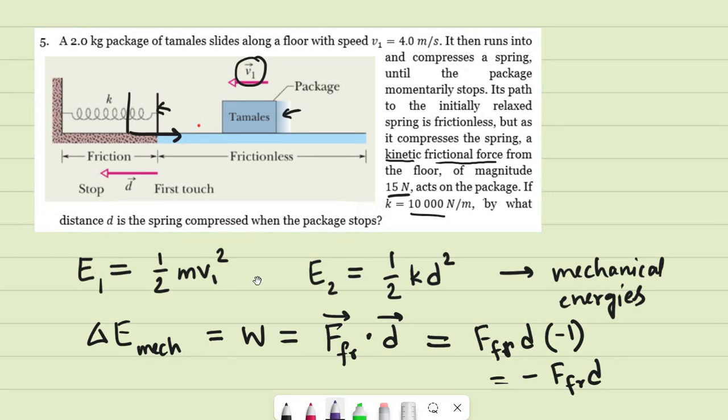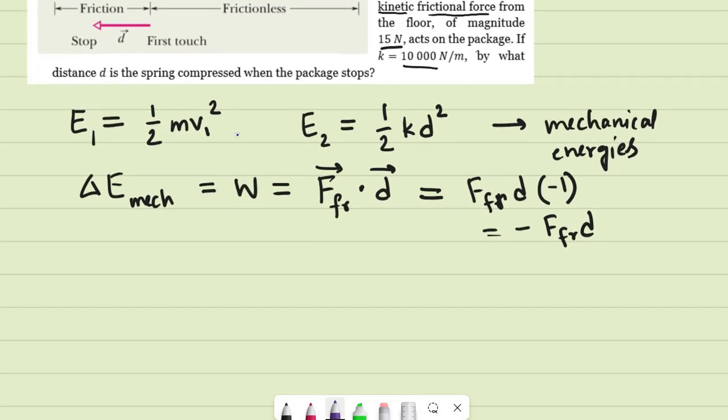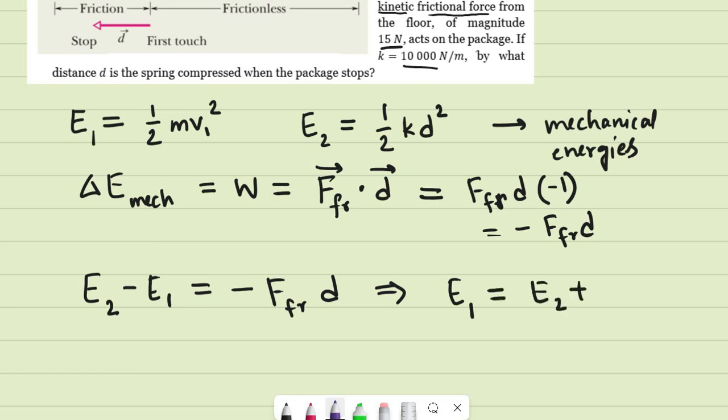So we have minus F friction times d. Then we proceed as follows. The change in the mechanical energy is E2 minus E1, which is equal to minus the work due to friction, so I should write F friction times d. So E1 equals E2 plus the work due to friction.